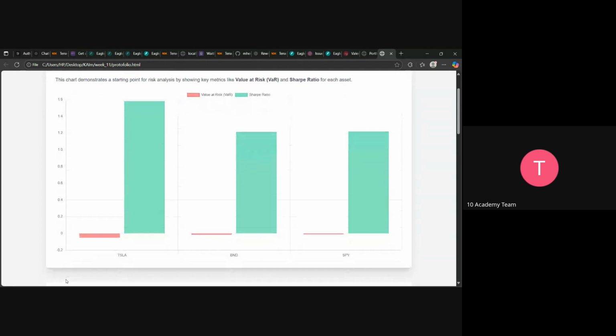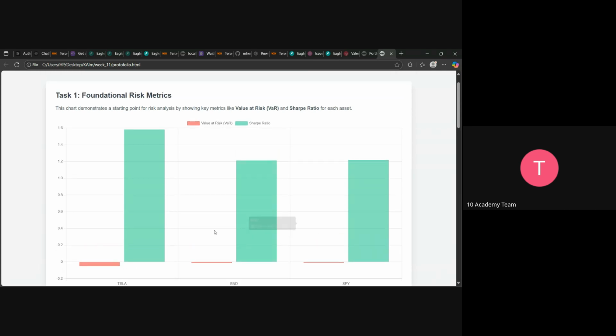In our example, we have three assets: Tesla, BND, and SPY. As we can see from the graph, Tesla has a value at risk of 0.049. You can see they are below zero, so the VaR value is always negative, because it's the risk. BND and the other assets have a smaller magnitude, which means a lower amount of risk.